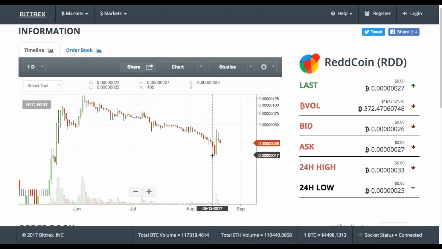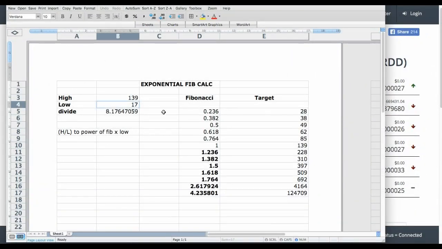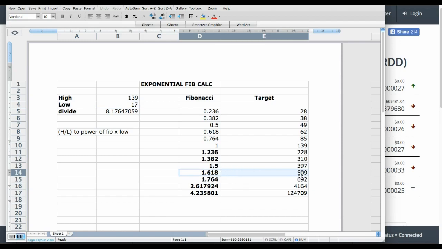Well, let's take it from a supposed low of 17 and this high of 139, using my exponential Fibonacci calculator. The 1.618 would be the next major up target, and you'd be looking at 509. Let's just call it the psychological value of 500, and of course the little resistance points in between, but the big one of 500 roughly.